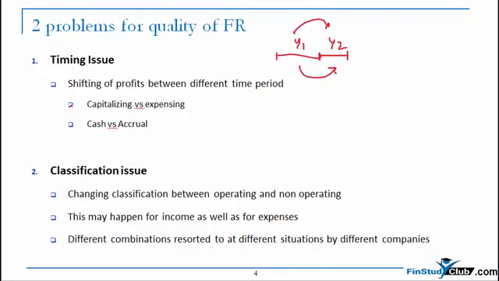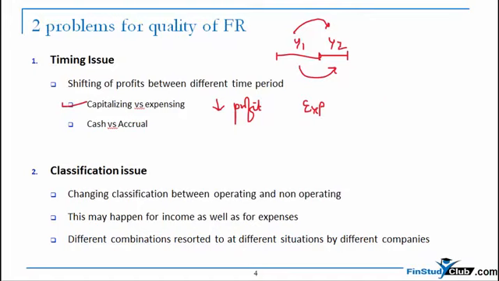And one of the very easy ways of doing things is capitalizing versus expensing. Now, if any firm wants to reduce its profits of the current year, rather than capitalizing, they will prefer expensing. If a firm wants to do just the opposite, they will prefer capitalizing.